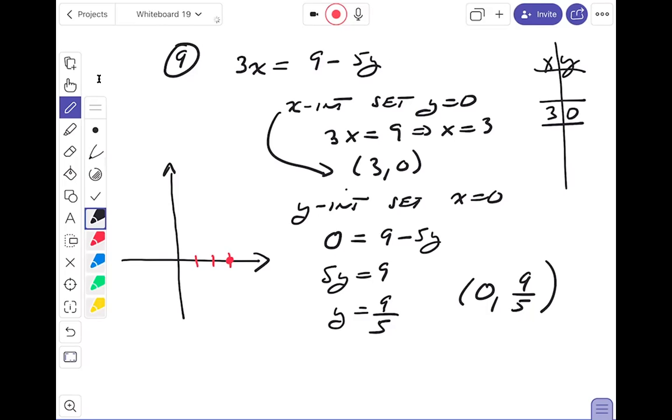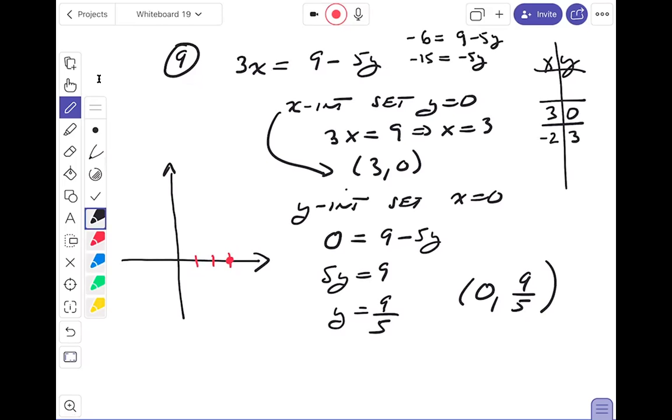I'm going to try -2 for the x. I'll tell you in a moment how I'm getting these guys over here. What would that give me? I'm not saying it's working. -6 equals 9 minus 5y. If I subtract 9 from both sides, I would get -15 equals -5y. So y would have to be 3.